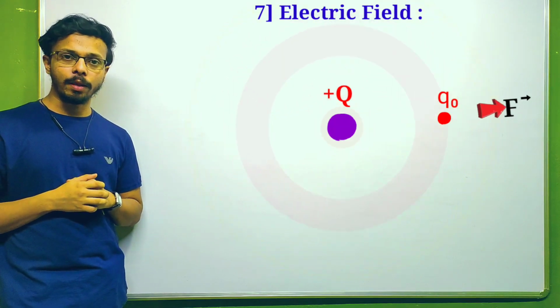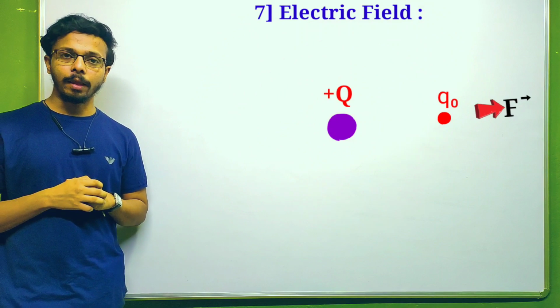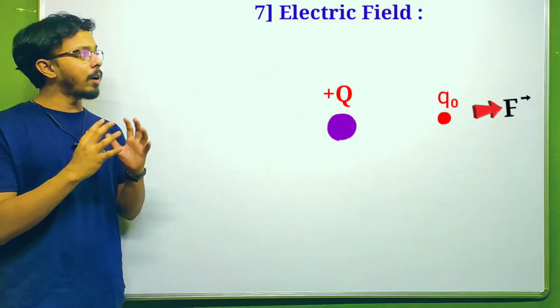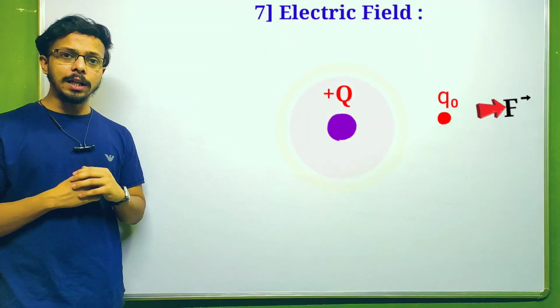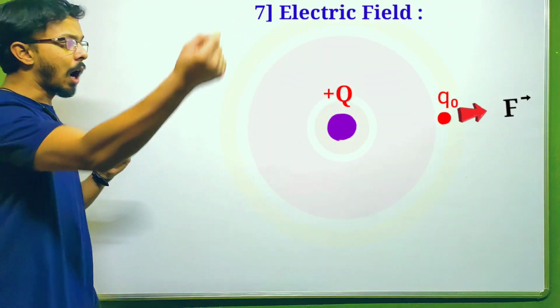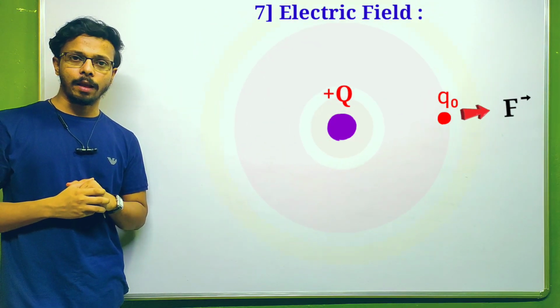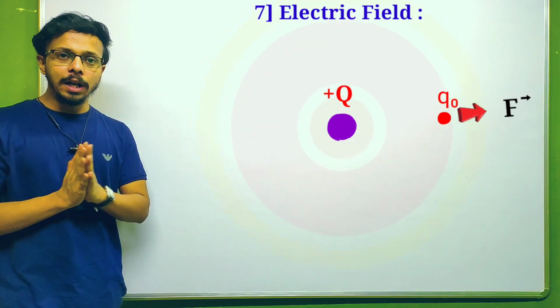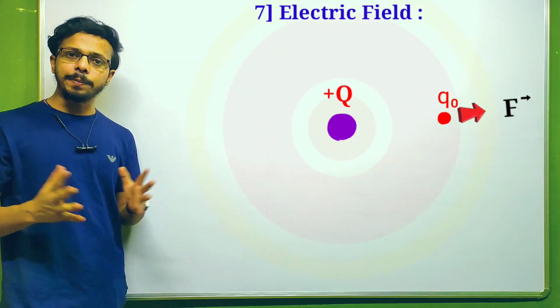Again you bring that charge close, again it moves away. Now directly I will come to the point, what is electric field? Electric field is a region surrounding a charge in which another charge, if you bring it, experiences a force.